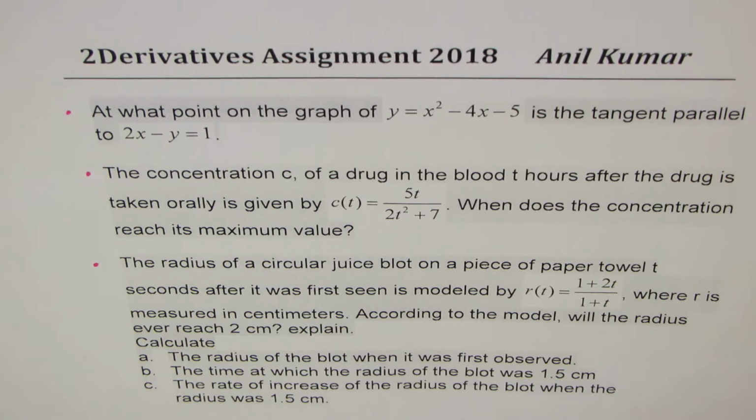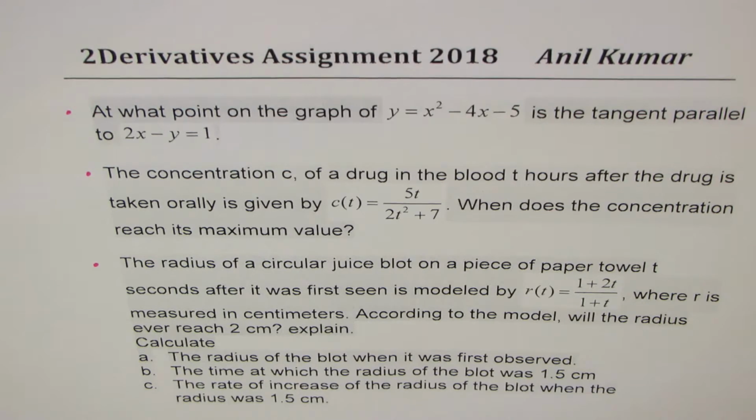The radius of a circular juice blot on a piece of paper towel T seconds after it was first seen is modeled by R of T equals (1 plus 2T) divided by (1 plus T), where R is measured in centimeters. According to the model, will the radius ever reach 2 centimeters? Explain.